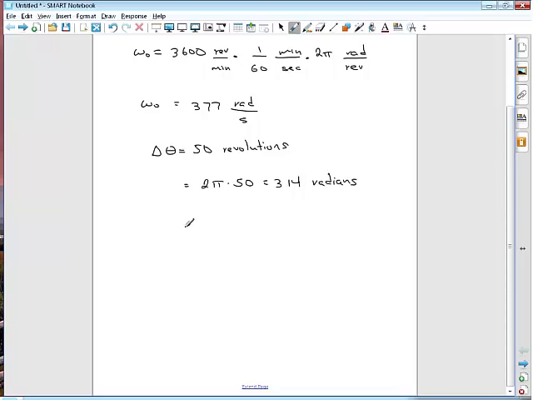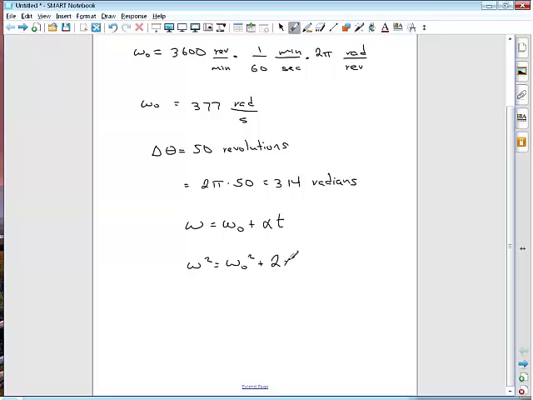So thinking about the equations, the one that first comes to mind is this one, which says omega is equal to the initial angular speed plus alpha, the angular acceleration, times time. But that has both time and alpha in it, so that's not going to work. Let's think about it. Oh, that's the one that we use, this one, which is the equivalent form of the linear one.